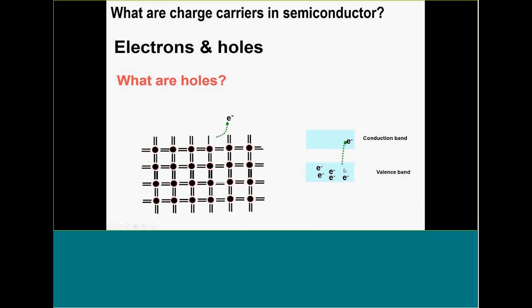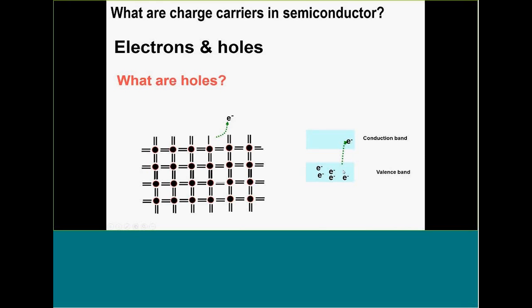So now, if you look here, there is one broken bond. We know that our semiconductor is naturally neutral. But now since it's missing one electron, the electron has gone to the conduction band, but what's left behind in the valence band?